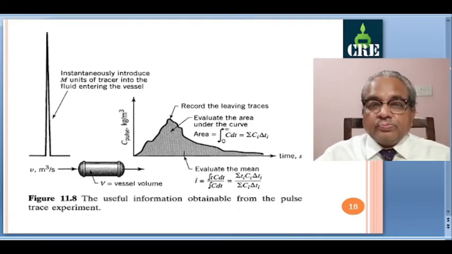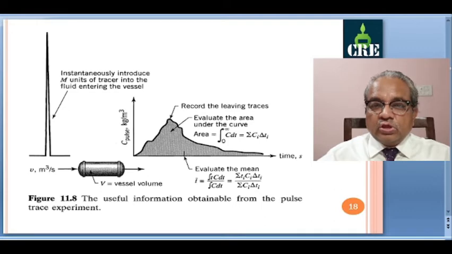So here the area is integral 0 to infinity C dt, and if you have this small delta t, a small element of time, and you measure the concentration, then sigma Ci delta ti will approximately give you this integral.